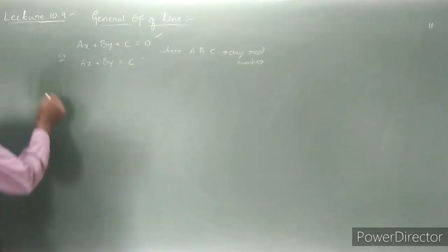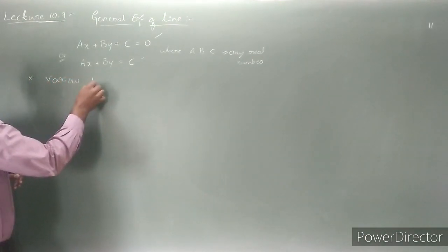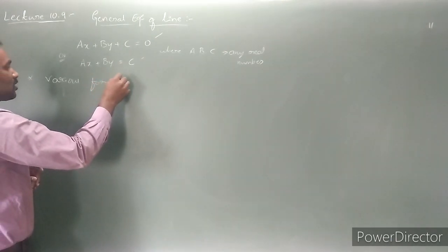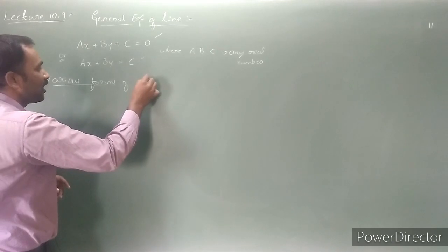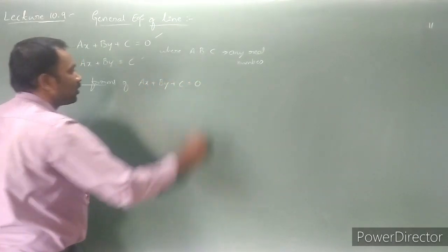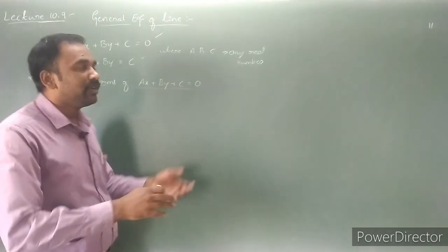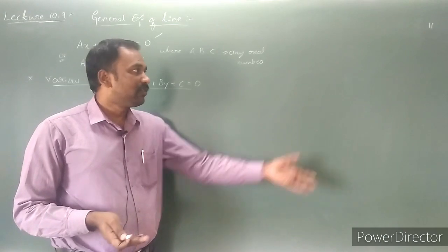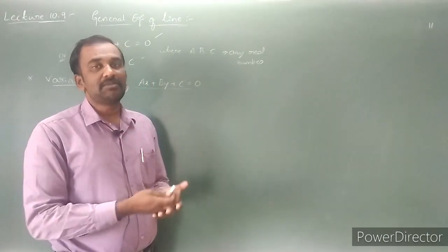Now, the various forms of the general equation of the line Ax + By + C = 0. Various forms are what we already studied, the six forms, vertical line, horizontal line, like that.